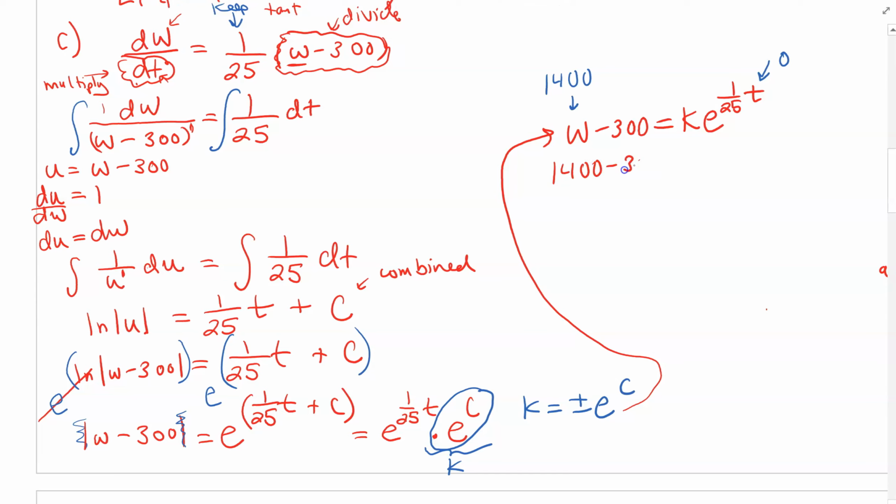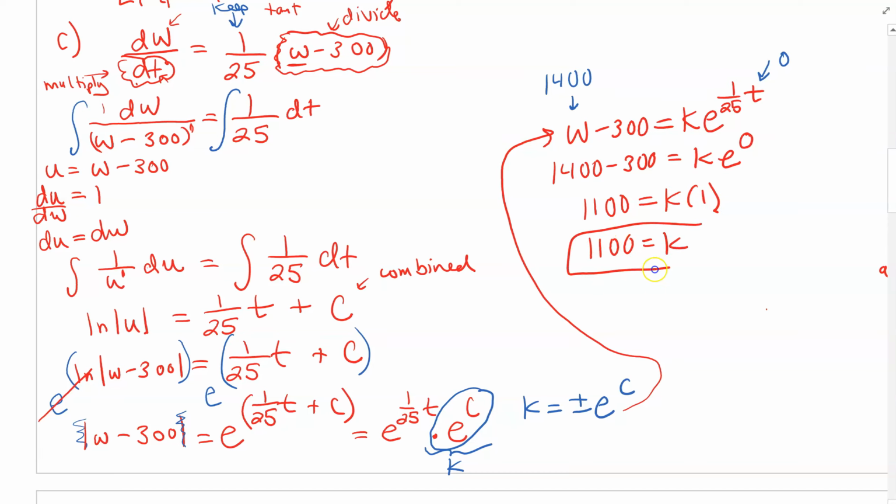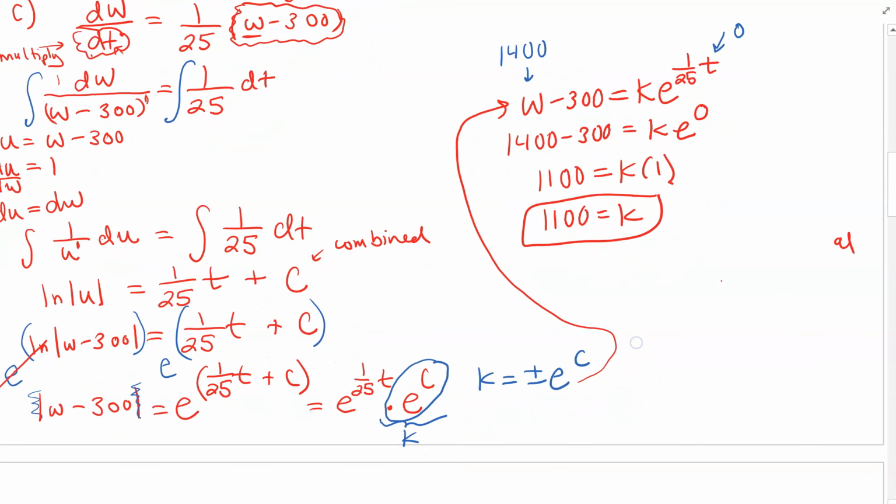1400 minus 300 equals k times e to the power of 0, because 1 over 25 times 0 is still 0. 1400 minus 300 is 1100. K times e to the 0 is just k times 1, which is just k. So basically k is equal to 1100. So now I know that w minus 300 is equal to 1100 times e to the 1 over 25 times t.